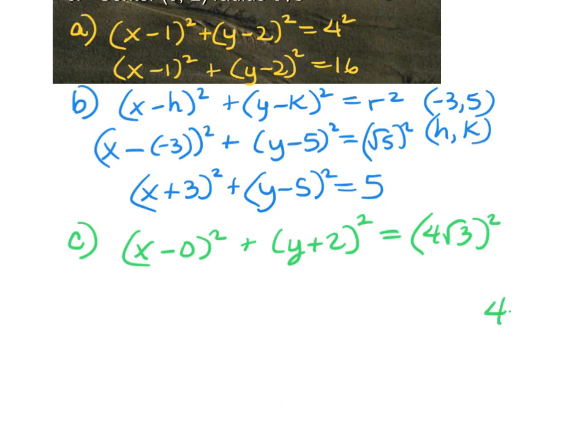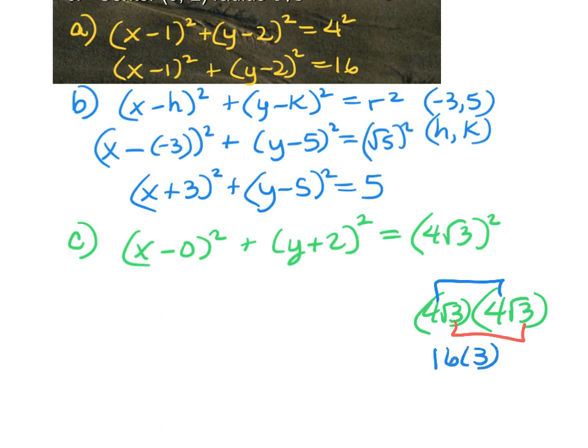So again, 4 square root 3 times 4 square root 3. Remember, you multiply outside and outside, inside and inside a radical. So this becomes 16 times 3, and that's 48. So this x minus 0, I'm just going to turn it into an x squared plus y plus 2 squared equals 48.